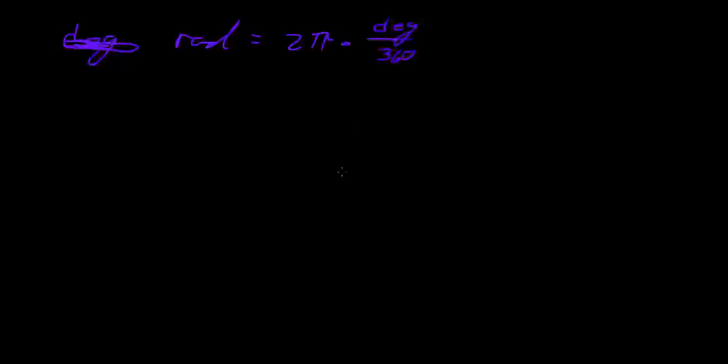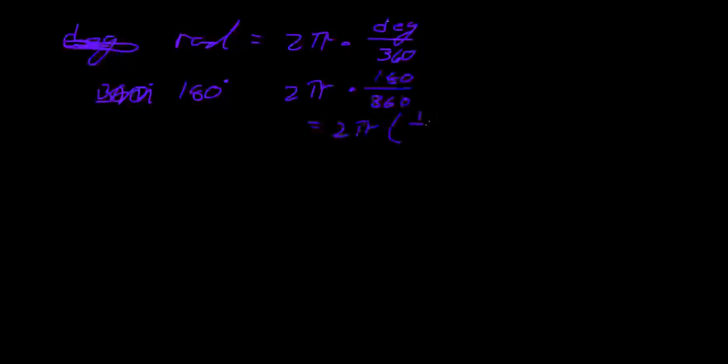So if you have, say, 180 degrees and we want to know how many radians that is, we put it into this formula. So 2 pi times 180 over 360 equals 2 pi times 1 over 2 equals pi radians. Okay?